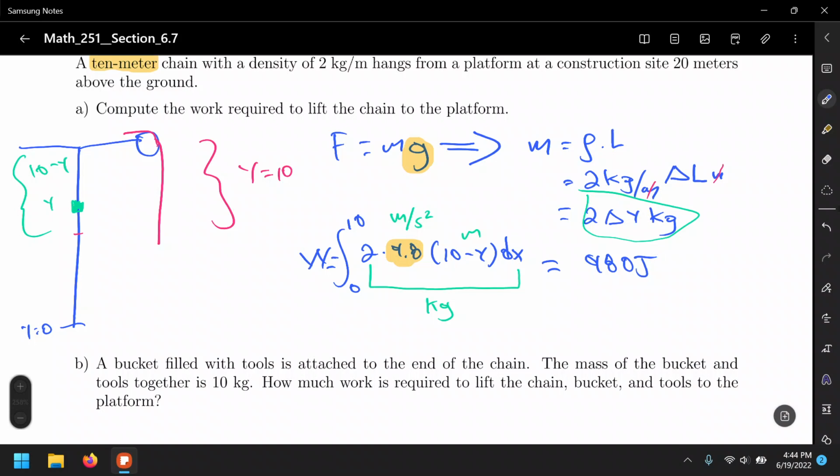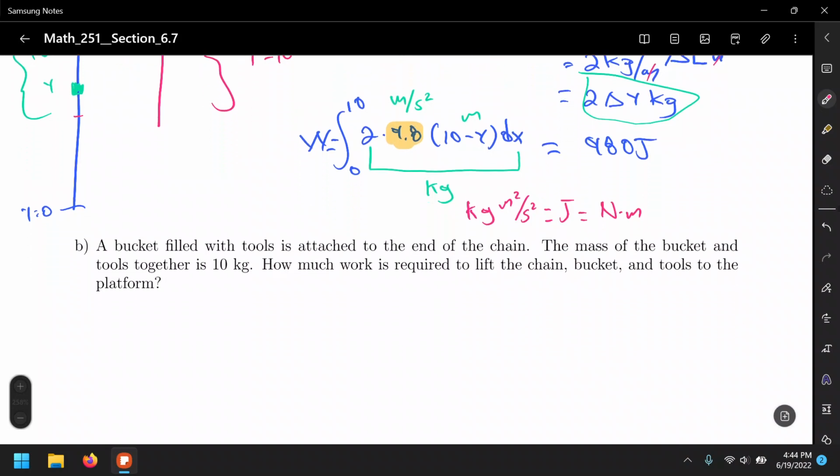Be careful with the units because when we simplify all these units, they become kilogram meter squared per second squared, which are joules, also known as newton meters. That's from the metric system. So in this case, no more foot-pounds, but newton meters, which are actually joules.